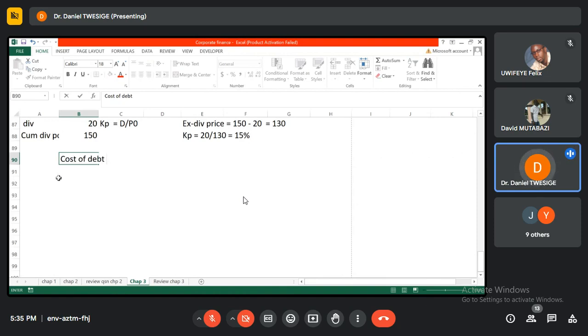So debts are classified into two major categories.